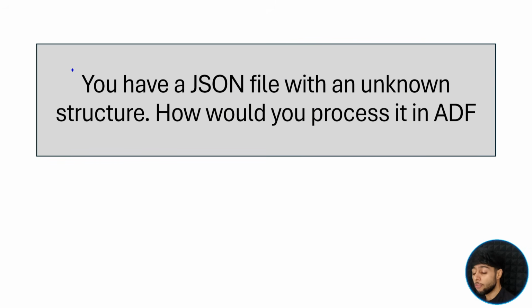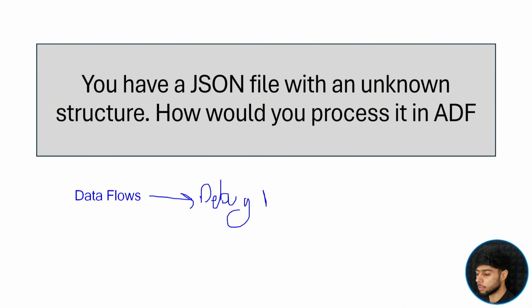But if you have to use those columns, if you have to include those columns in your solution, then you can simply go to your data flows. Let me write it for you. Data flows, and turn on the debug mode. What debug mode does is it will spin up the cluster for you, and you can actually preview your data in real time.